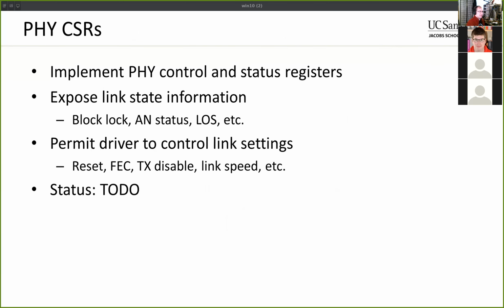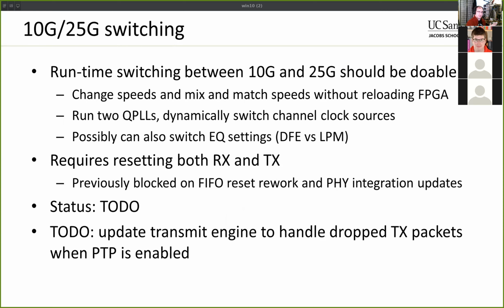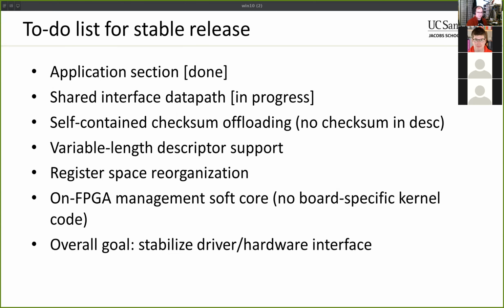And PHY CSRs, these will provide more direct control and status reporting over what's going on at the port level. 10G 25G switching, this will allow you to dynamically switch between the ports running at 10 gig or 25 gig. And that brings us to the to-do list that I've put together for the stable release.